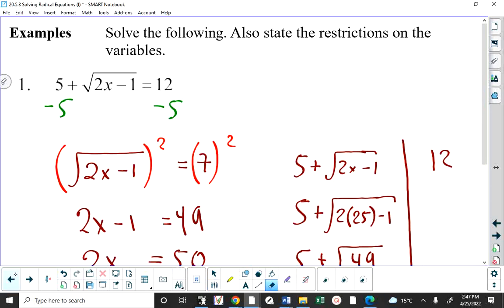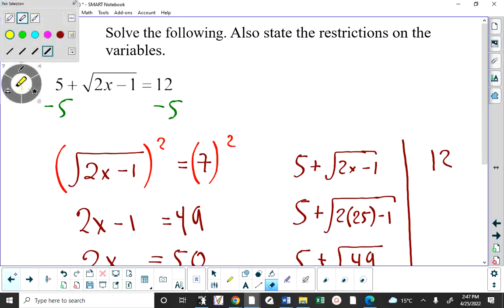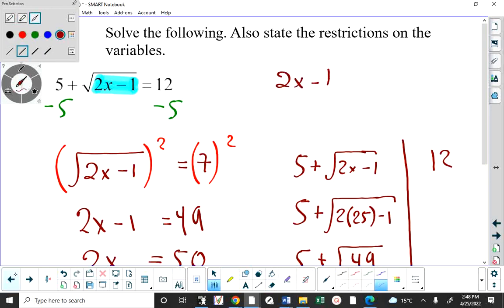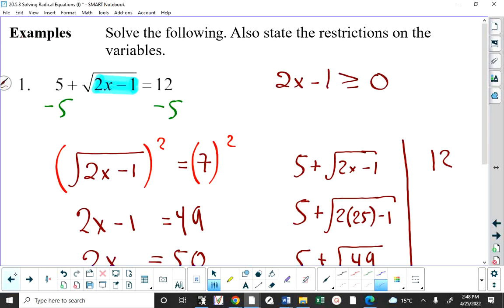But the radicand has to be greater than or equal to 0 because you cannot take the square root of a negative. So if I rearrange this, I can write 2x must be greater than or equal to 1, which means x must be greater than or equal to 1/2. That's the other part to this question.